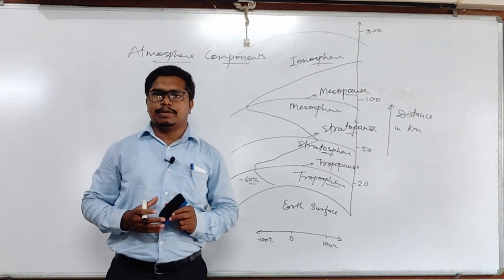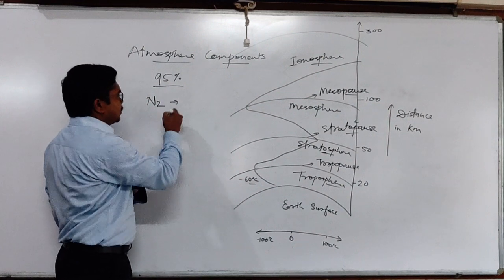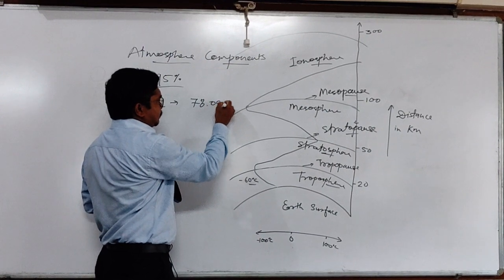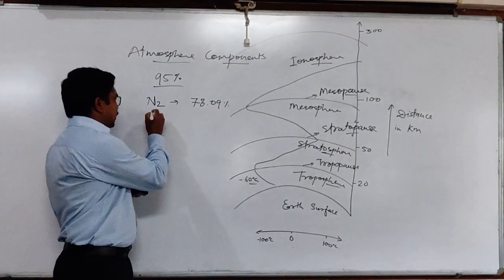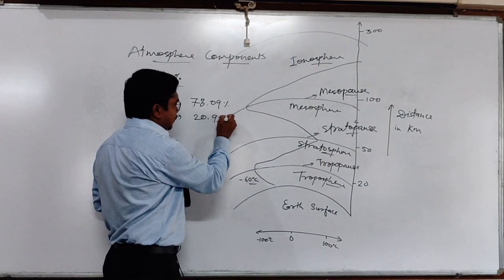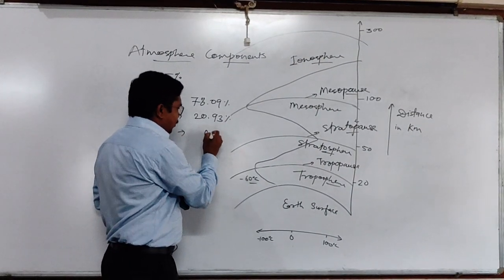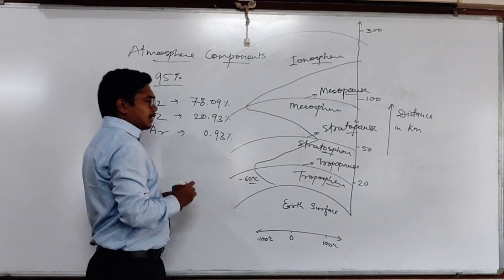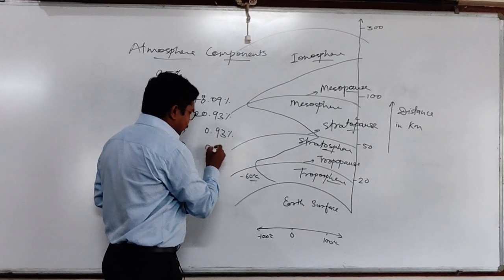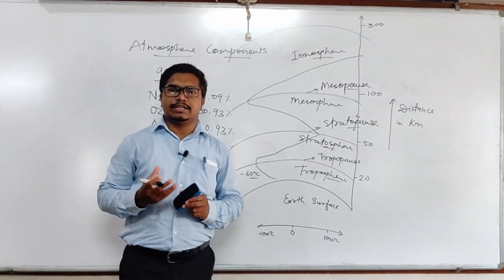The air is a mixture of a number of gases and the major gases are nitrogen, which is 78% in air, as well as oxygen, which is 20.93% in air, where argon is 0.93%, carbon dioxide is 0.03%, and it also contains a number of miscellaneous gases.